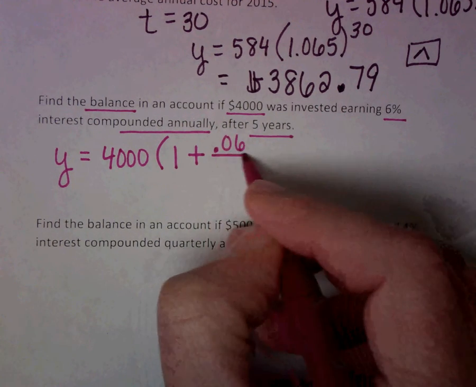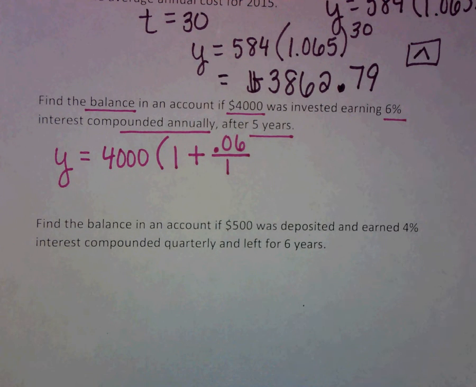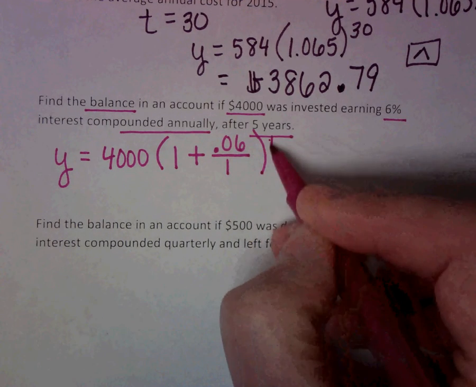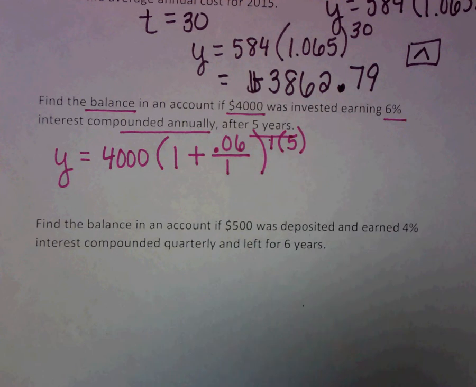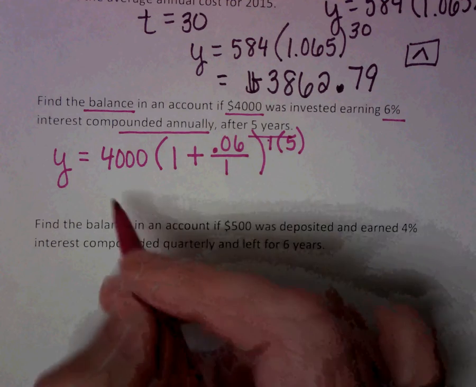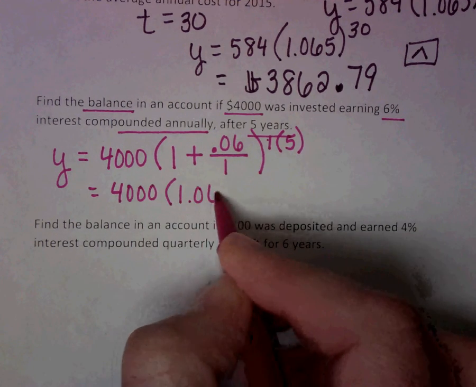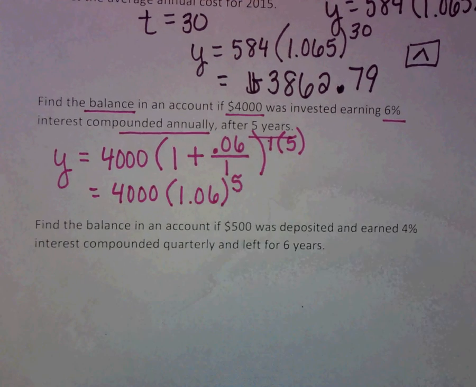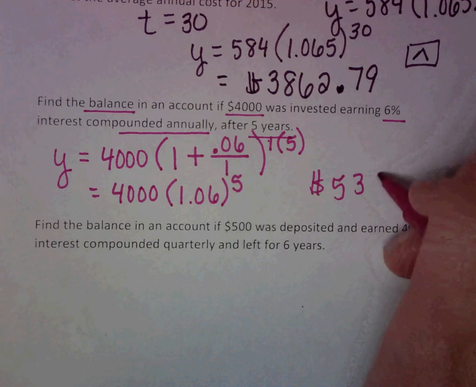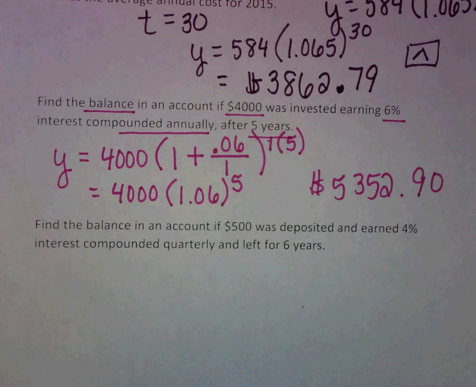Now this time it's only compounded annually, but I want us to see that step of dividing, and then to the n times t, so 1 times 5. That's how we're going to input it in our calculator. If we want to simplify it a little bit to make it easier when we put it in our calculator, that's what it's going to look like. Type this in. Make sure that you can get $5,352.90.